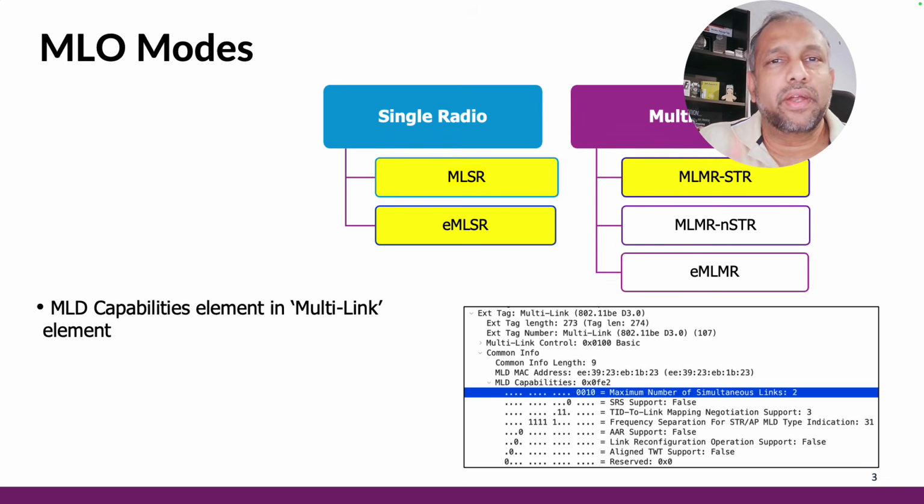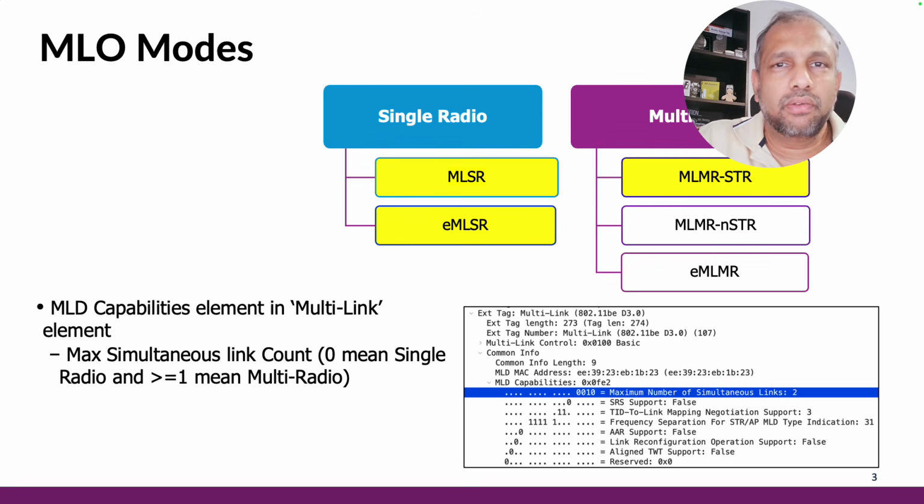Now, how do you identify whether it is a single radio device or a multi-radio device? For that, we use a specific information field called maximum number of simultaneous links. This indicates how many simultaneous links can be used. An AP always advertises this value higher than 1.